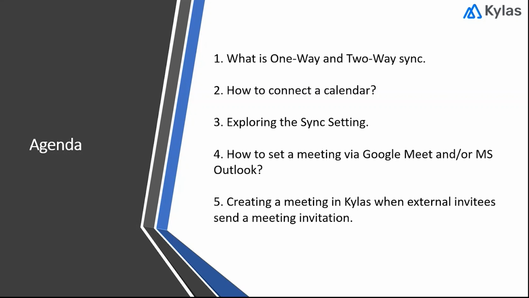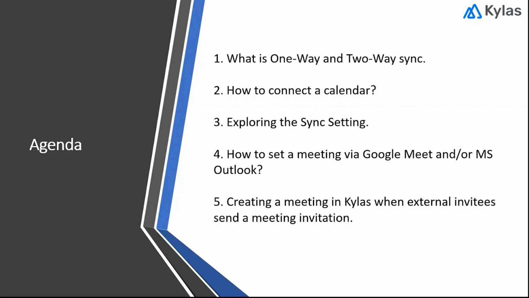So these are the 5 points that we would be going through. First, starting at what is one-way and two-way sync, how we can connect a Google Meet or the MS Outlook calendar with Kylas. Then we would be seeing what all sync options are there to sync our calendar. Then followed that, we would be looking at how we can set up a meeting with the records that are available in this system with the help of Google Meet and MS Outlook.